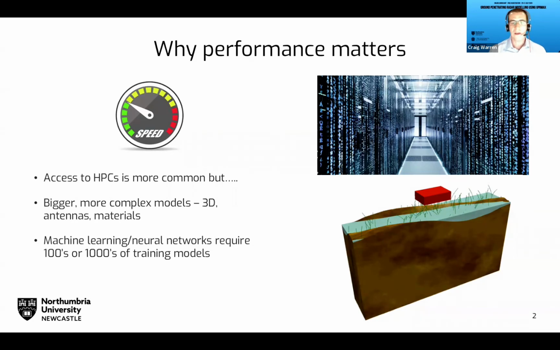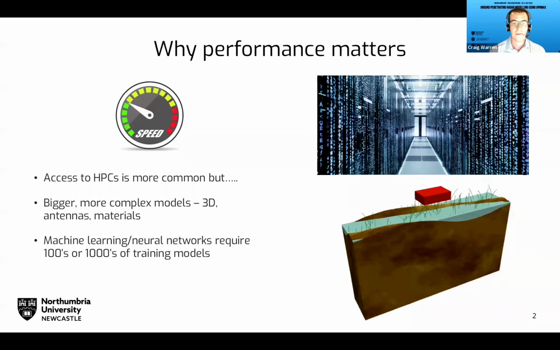And actually, access to higher performance computing machines and graphics cards, as I'll talk about shortly, is becoming a little bit easier and more commonplace. Where once an HPC might have only been available to a few universities, now almost every university has an HPC, and even companies of different sizes have small clusters or workstations available to them.